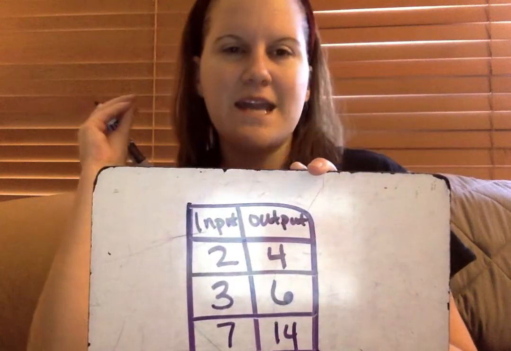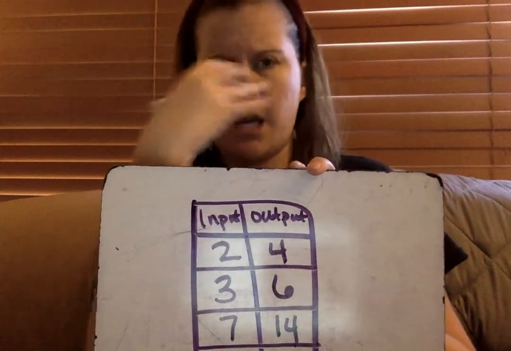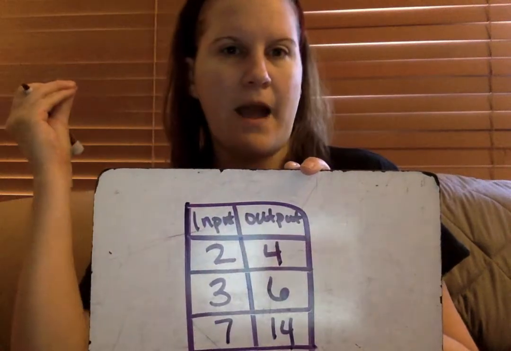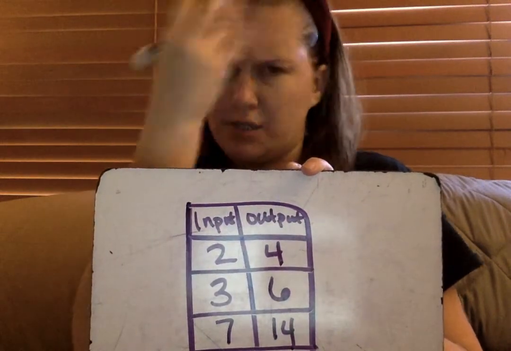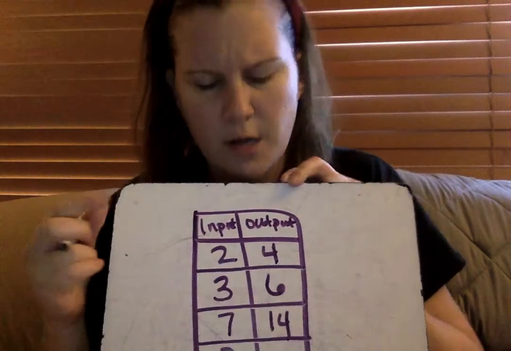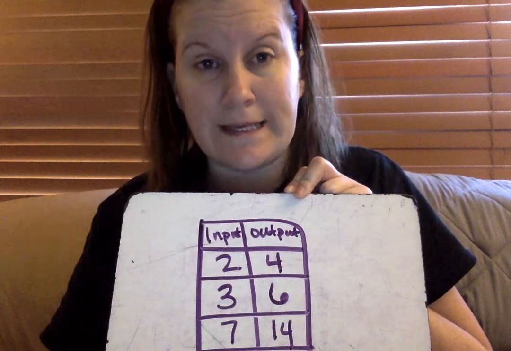Okay. Next, I put a 3 in. There's a rule, something happening in here for a 6 to pop out. Now I put a 7 in here. Something happens for a 14 to pop out. What is happening each time? We got to know what the rule is.